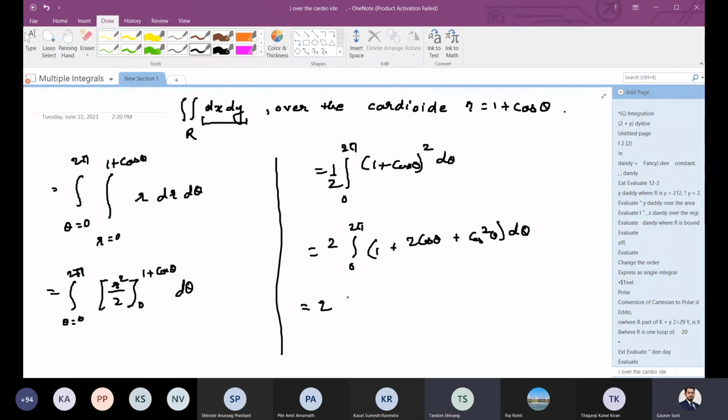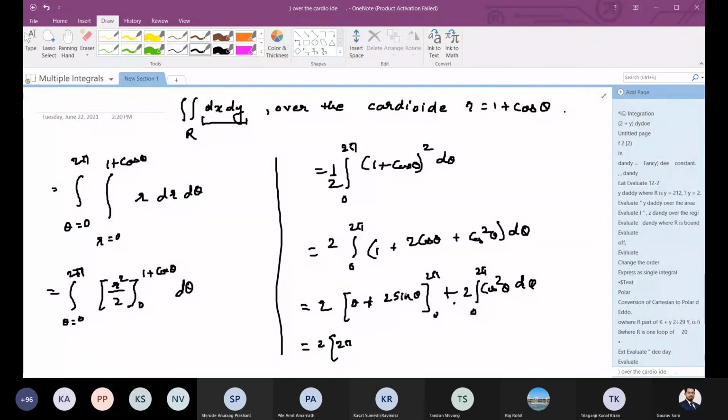So 2 times this is theta plus 2 sine theta plus integration cos square theta d theta and 2 outside, 0 to 2 pi. So this is 2 in bracket 2 pi, and when you put 0, both the terms are 0, plus 2 times 0 to 2 pi cos square theta.